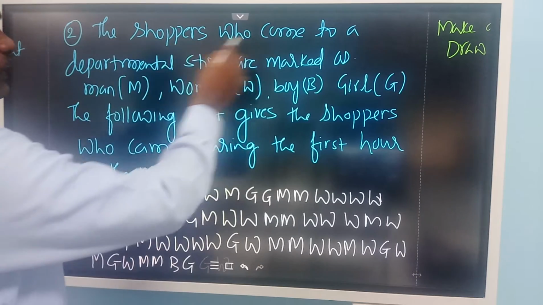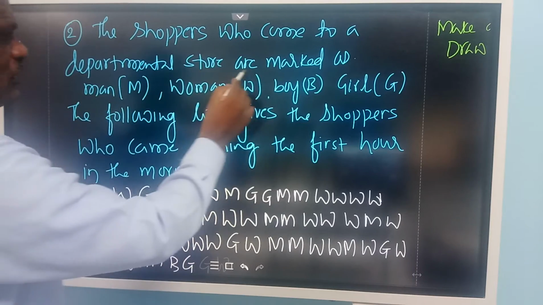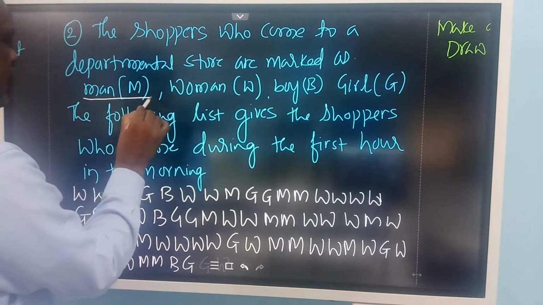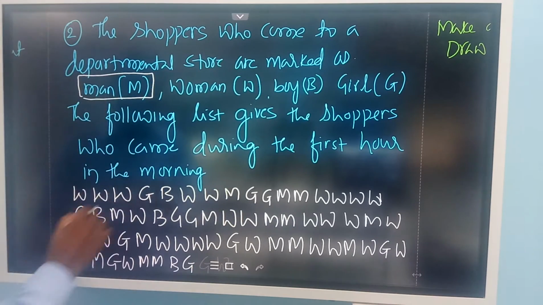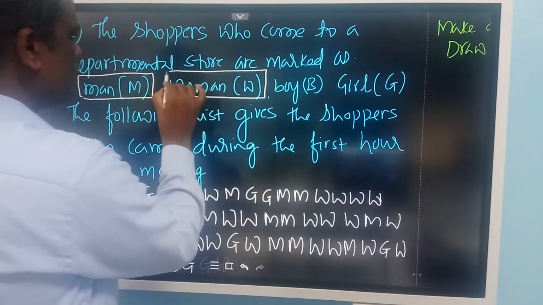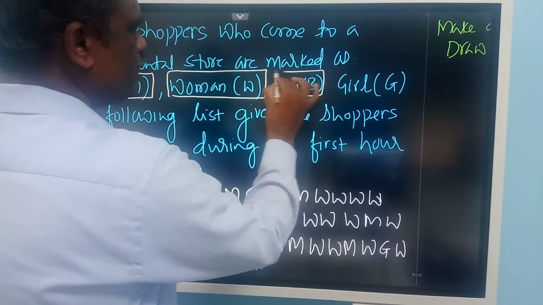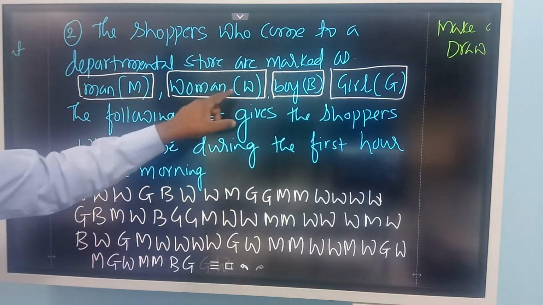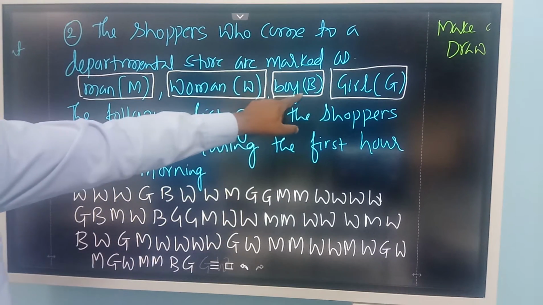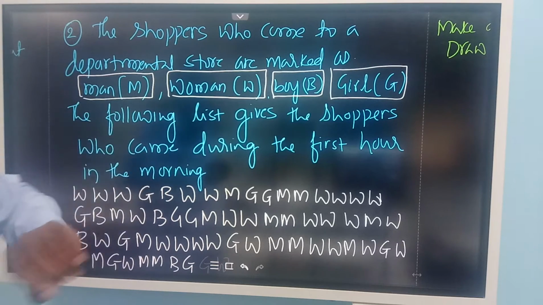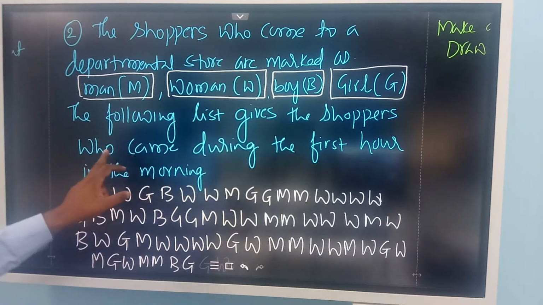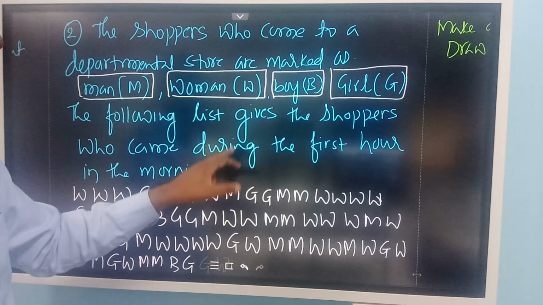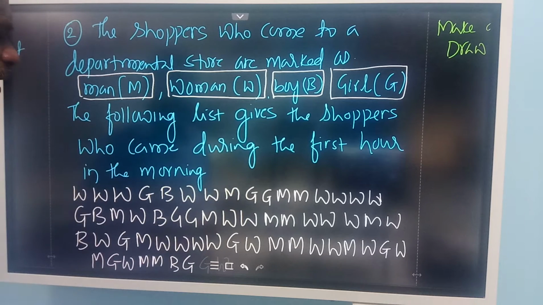The shoppers who come to a departmental store are marked as man with the symbol M, woman with the symbol W, boy with the symbol B, and girl with the symbol G. The following list gives the shoppers who came during the first hour in the morning.